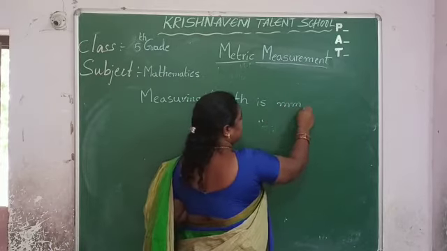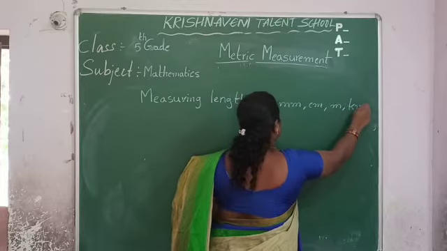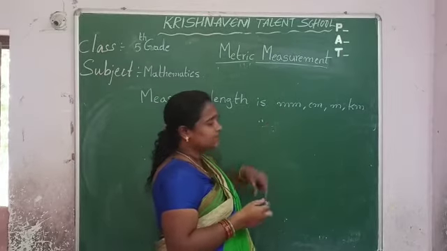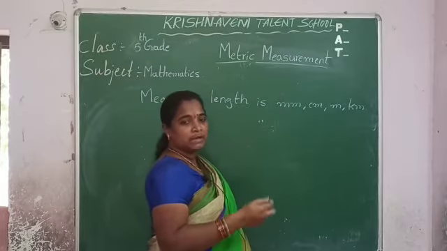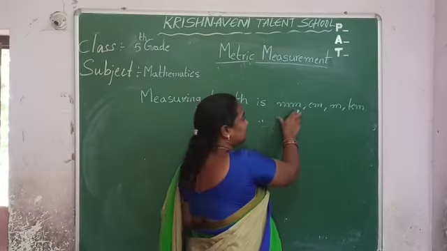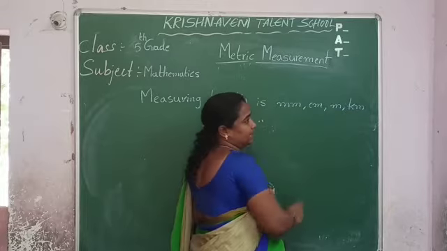Millimeters, centimeters, meters, kilometers. So in metric measurement, only these 4 units are there? No, still some more units are there. But generally we are using millimeters, centimeters, meters and kilometers.